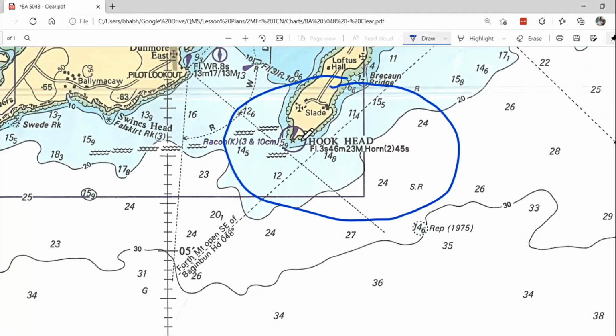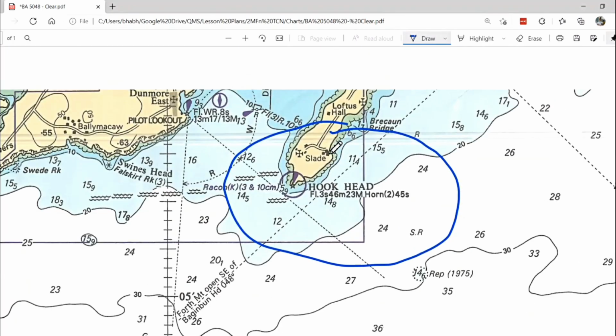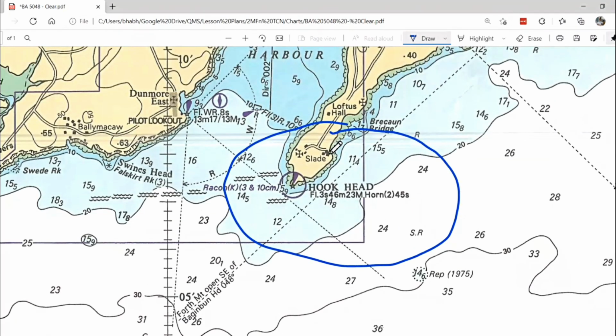Yes, sir. So we have a circle, we have a star, and we have a loom. So the center, or the location of this lighthouse, is exactly where the star is. Okay, beta, understood? Understood. Thank you, sir.